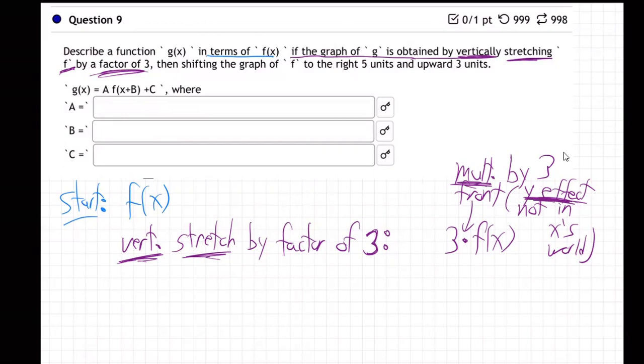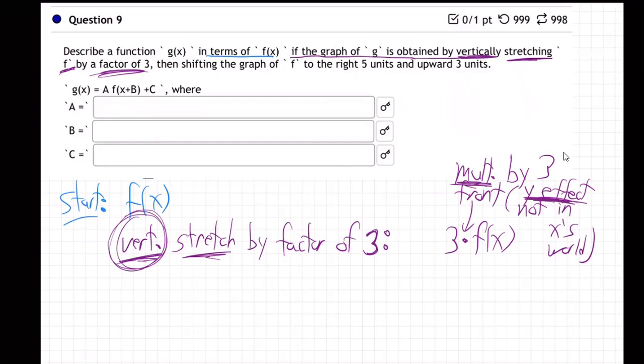It's a y. It's not 3 times x. That would have a sideways stretch effect. That's not what we're talking about. It's a vertical stretch, so it's got to be in the front, not in x's world.